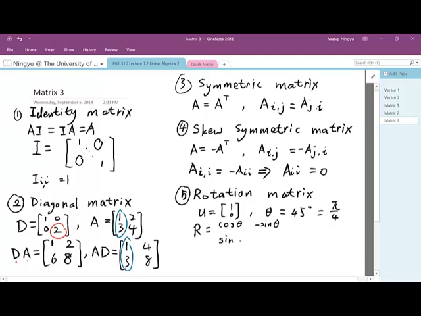But still, let me introduce this to you. If you multiply this R matrix to your u vector, what do you have?